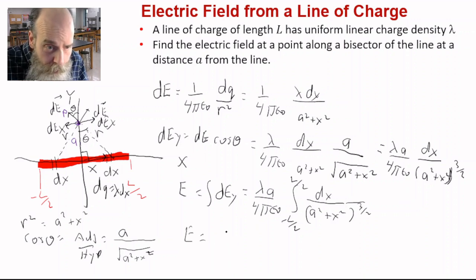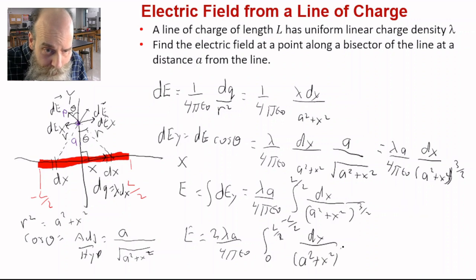E equals lambda a over 4 pi epsilon 0 times 2 integral from 0 to L over 2 dx over a squared plus x squared to the 3/2. 2 over 4 is 1 over 2.